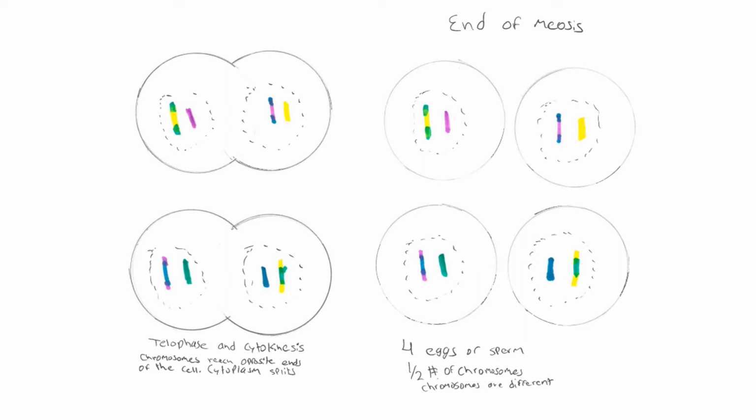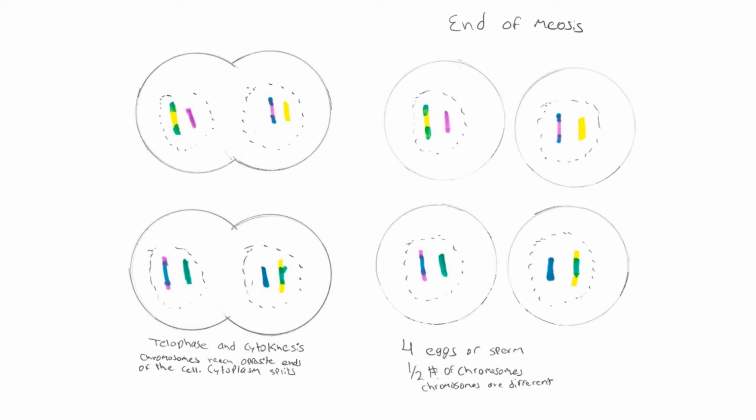And what's important about these cells is that they have half the number of chromosomes. And when you look at these chromosomes, they look different than the chromosomes that you find on the parent cell. One of the things that I tell my students is that meiosis is important for diversity, and diversity is good. So just to summarize, at the end of meiosis, we have created 4 cells, and each of those cells has half the number of chromosomes of the parent cell.